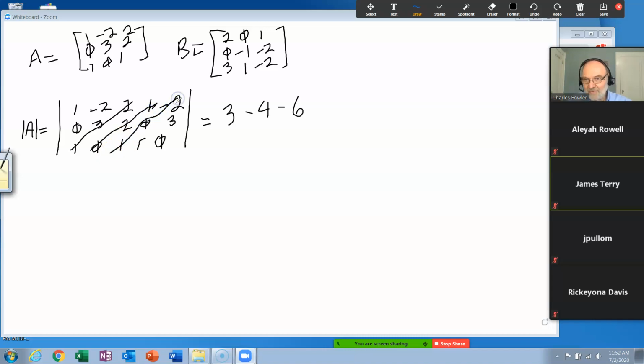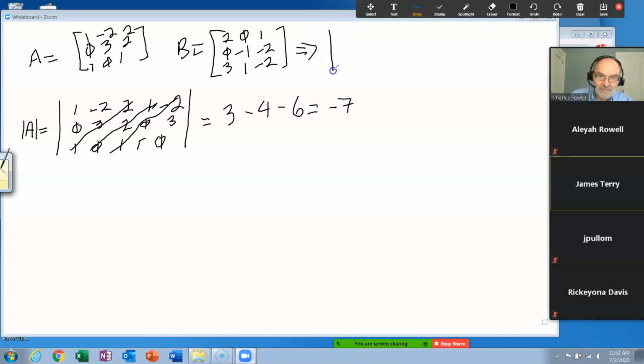I knew with all those zeros in there, this wouldn't be too hard. So that's -10 plus 3. My guess is that's a -7. Okay. And the book got it right. Good for them. They didn't do any of the work. They just wrote down the answer. Shame on them.